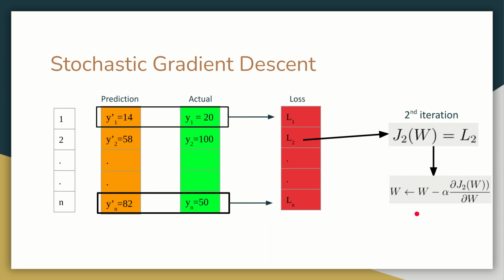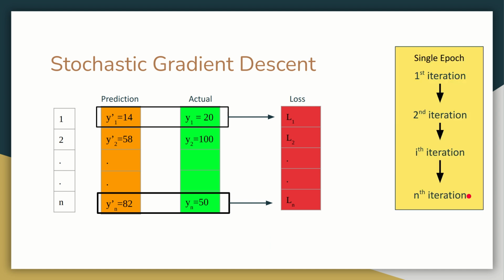So in the first step, we updated our weights using the cost function J1. In the second step, we are updating our weights using the cost function J2. In the ith iteration, if you are on the ith training example, our cost function Ji will be equal to Li, and again we'll update our weights with the gradient of the cost function Ji.